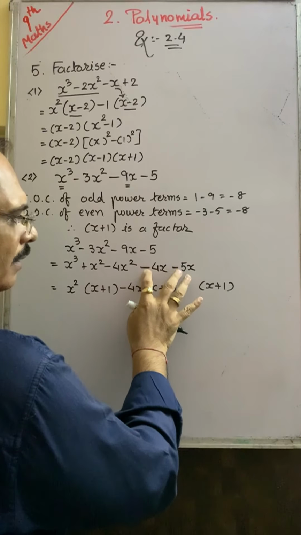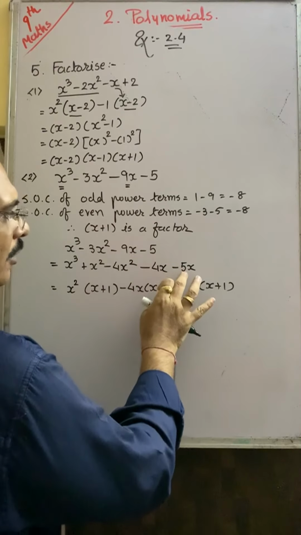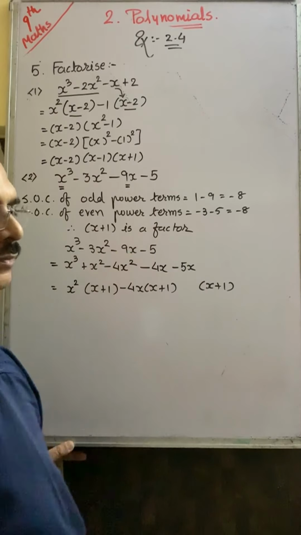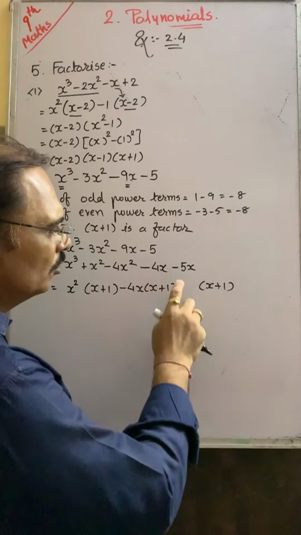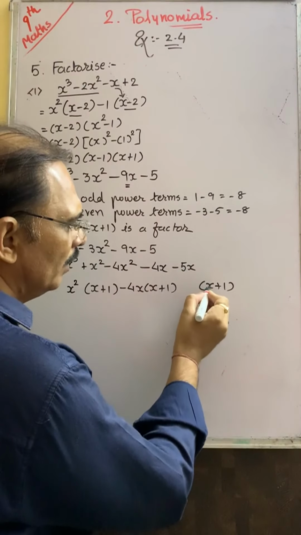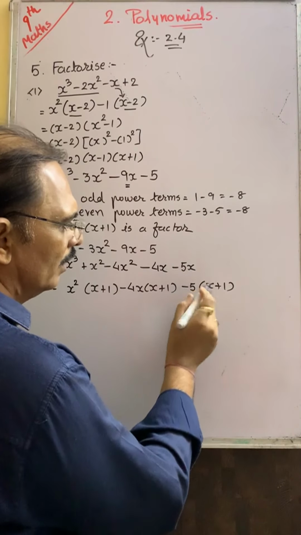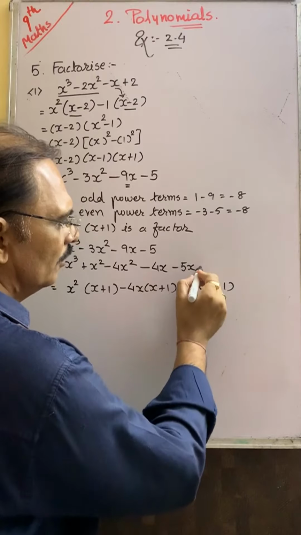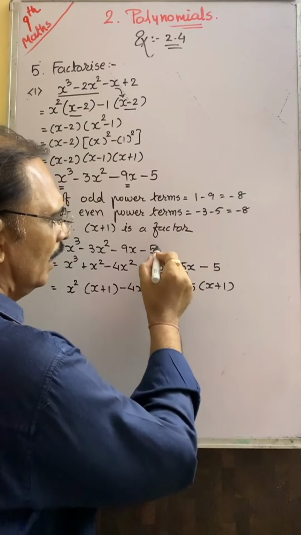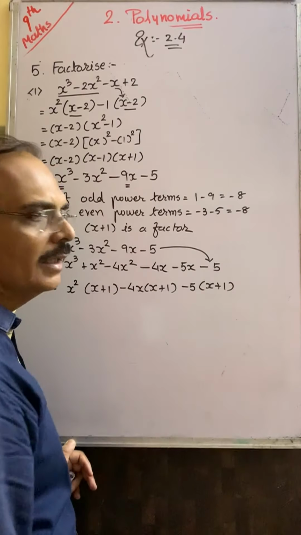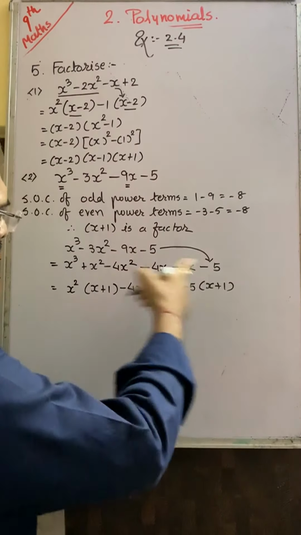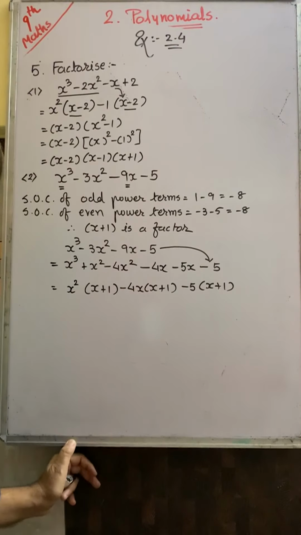Minus and minus add, 4 and 5 make 9, and the sign is of the bigger number, that is minus. Is it okay? Now to get this minus 5x, I should multiply this x by minus 5. Minus 5 times 1 is minus 5. The last term comes automatically. It means that you are right up to this.